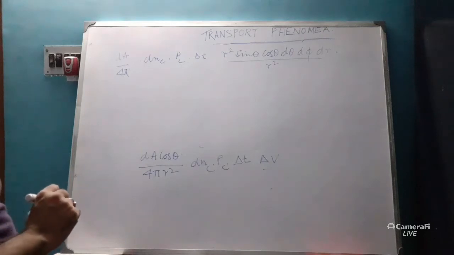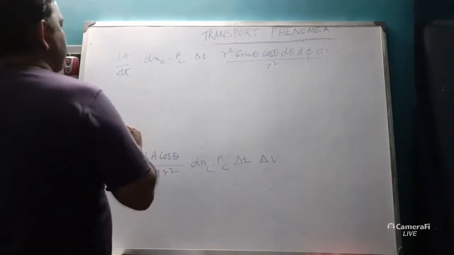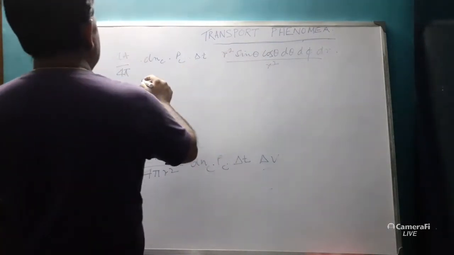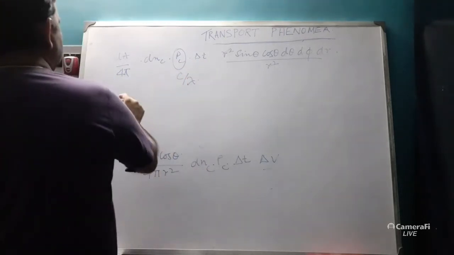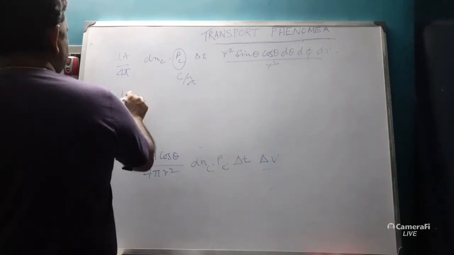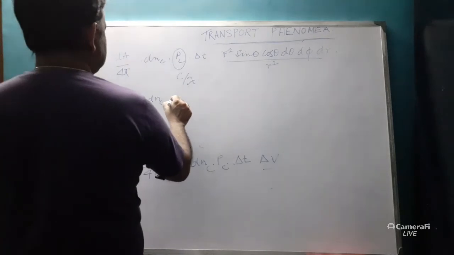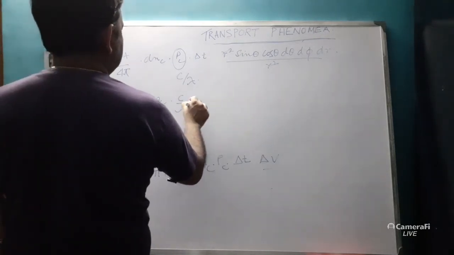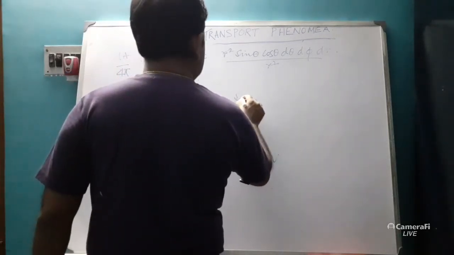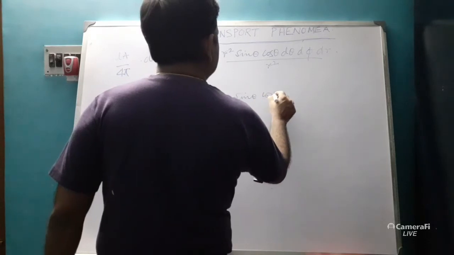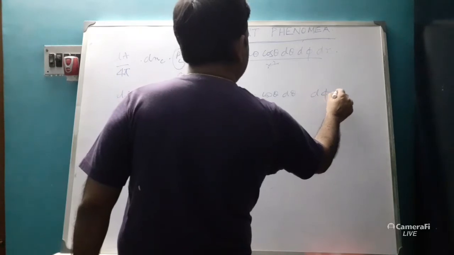So r square cancels, and we can replace this with c by lambda. Then we have dA by 4 pi into dNc, it is c by lambda. Then we have del t sin theta cos theta d theta d phi.